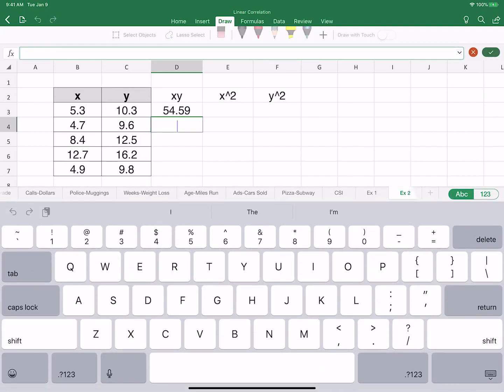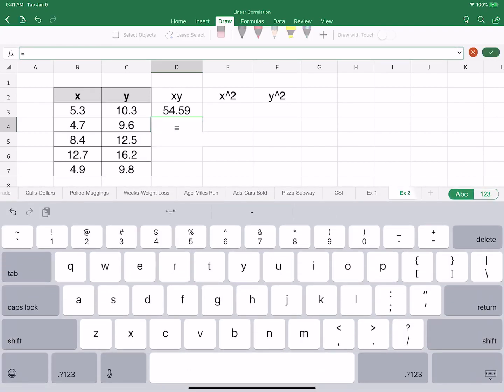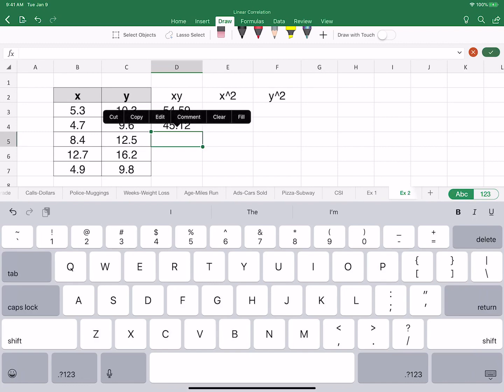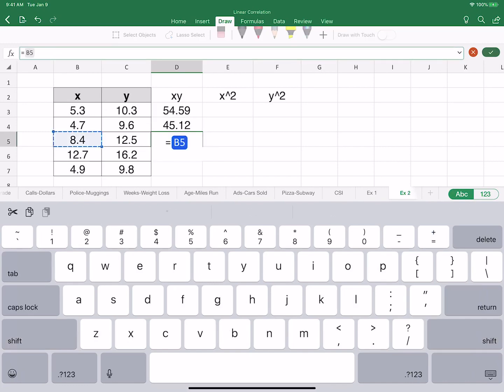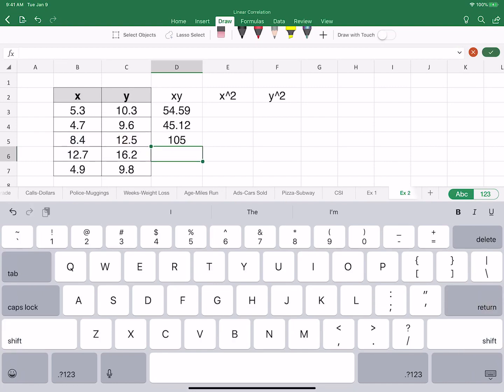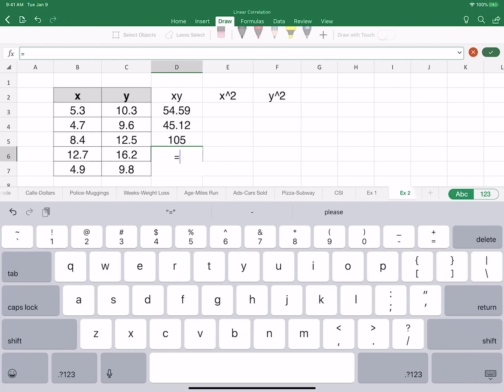Autofill. iPad, you are just a disappointment. Anybody know how to do autofill on an iPad?